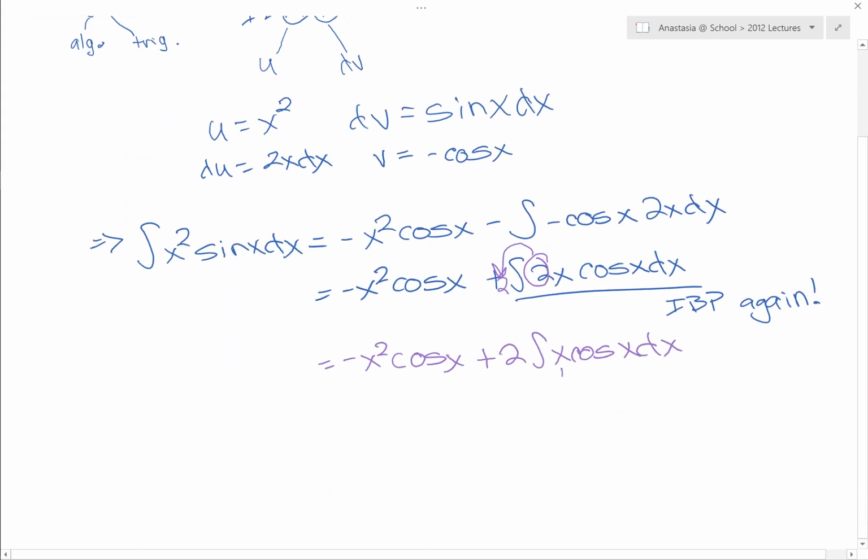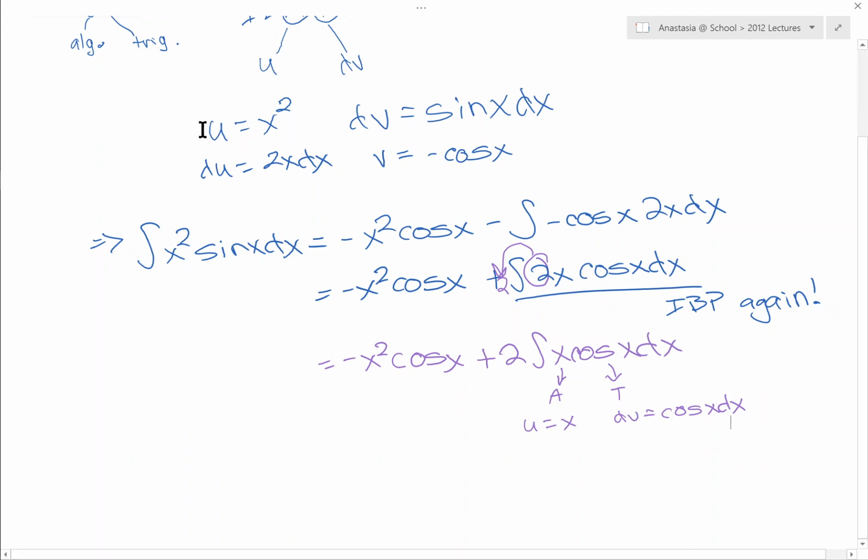Again, we have an algebraic function and a trig function, so we're going to let u be equal to the algebraic function and dv equal the trig function, so that's cosine of x dx. Notice I am reusing the u and the dv here. So previously I've said that if you use a substitution, you have to use a letter other than a u, because u is already being used for integration by parts.